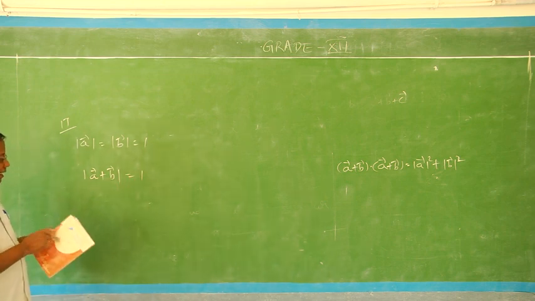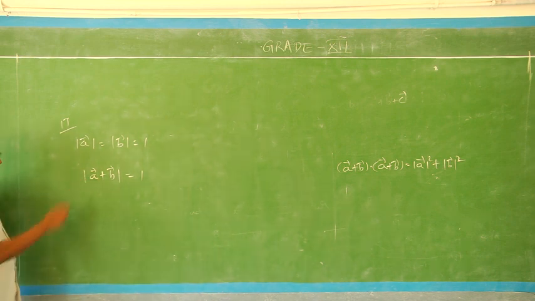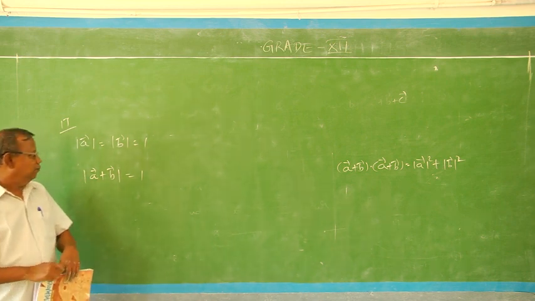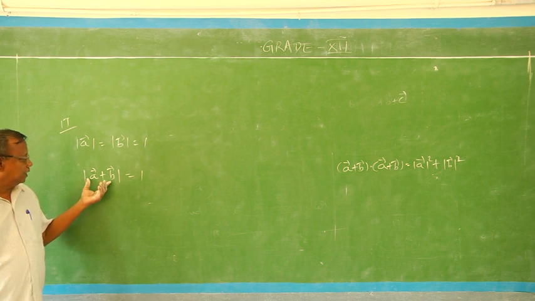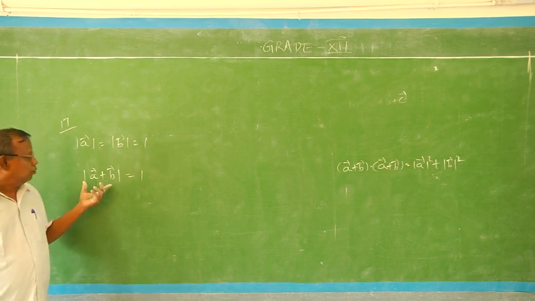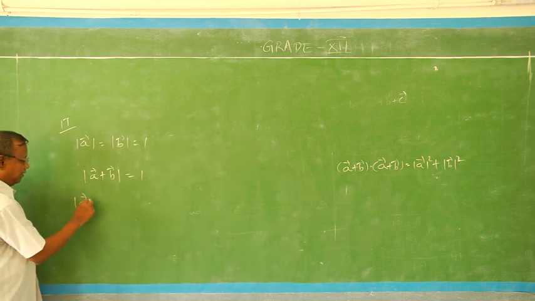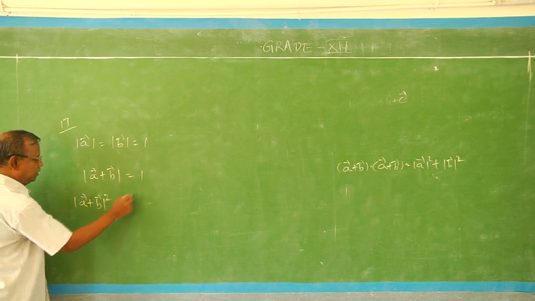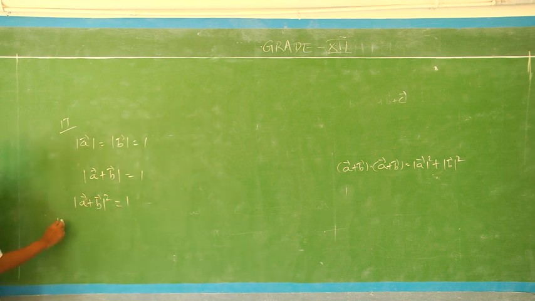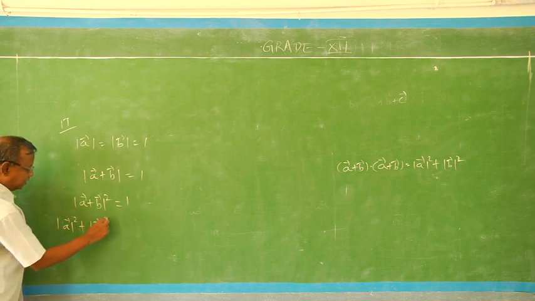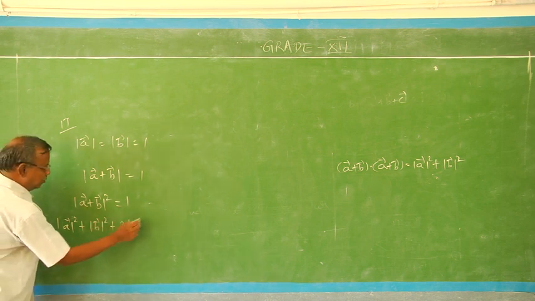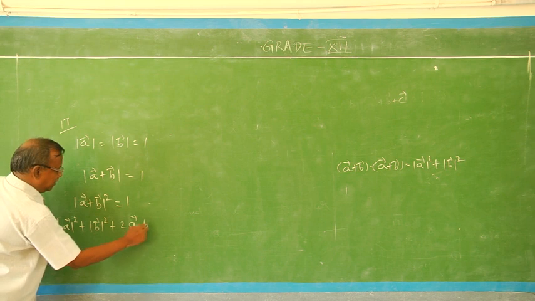So know one thing: we can take the modulus of the sum of two vectors or the difference between two vectors, and think of squaring. So squaring on both sides, modulus of (A vector plus B vector) whole square equal to 1 square, which is 1. Expanding this, modulus of A vector square plus modulus of B vector square plus 2 into A vector dot B vector equal to 1.